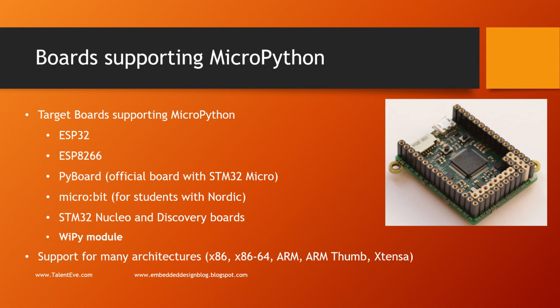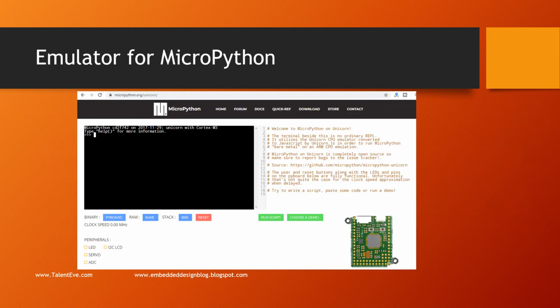The image you see here is of the Pyboard, which is the official board of MicroPython. And then another advantage: we talked about testing Python on your PC without any hardware board.